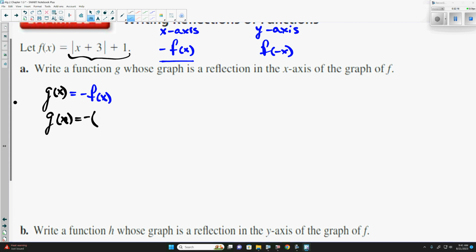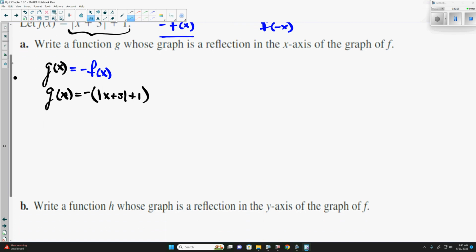We didn't do anything inside the parentheses. It's still just x, so we just replace it exactly as it is. So I have the absolute value of x plus 3 plus 1. Any questions on this thus far?